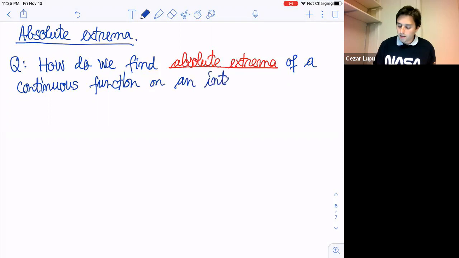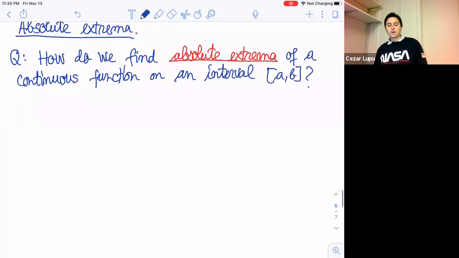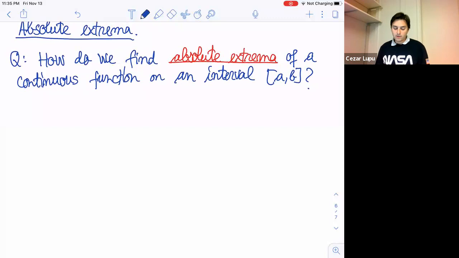And like I said, this interval will be a closed and bounded interval AB. So this is the question we would like to address and answer.